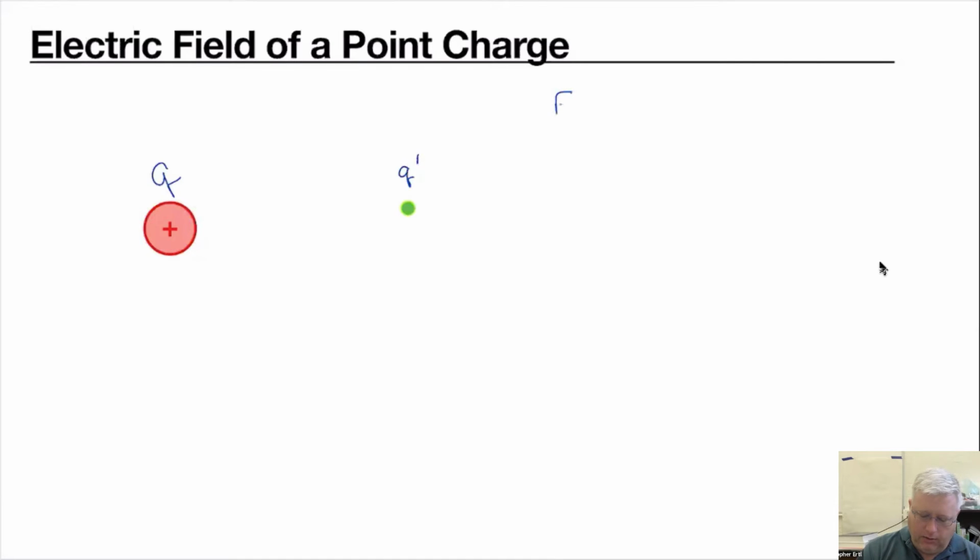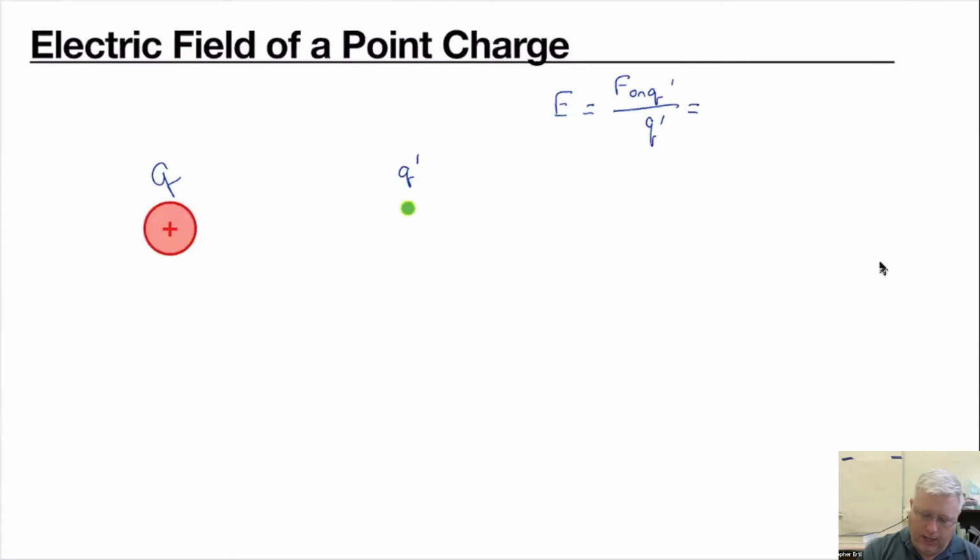So we said the electric field strength is equal to the force on that Q prime divided by the charge of Q prime. What do we know about the force? Force between charges is Coulomb's law.